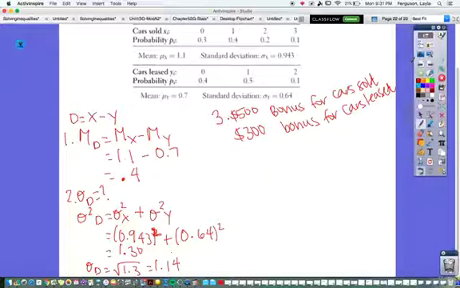And we want to find the mean and the standard deviation of the difference in the manager's bonuses for the cars sold and the cars leased. So we know that B is going to equal 500 times X plus 300 times Y. I think we did something similar to this earlier.